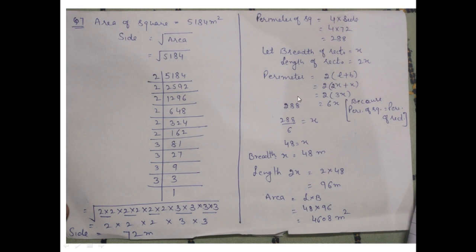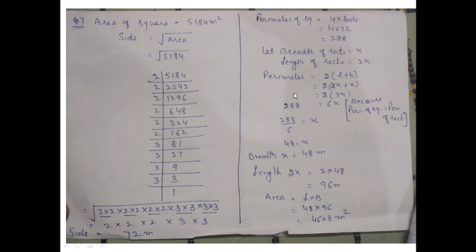Here I have written 288. Why have I written this? If you read the question carefully, you will come to know that they have said the perimeter of the square is equal to the perimeter of the rectangle. Now we have found this is the perimeter of the square and this is equal to the perimeter of the rectangle.